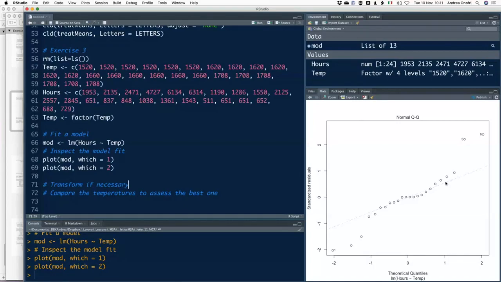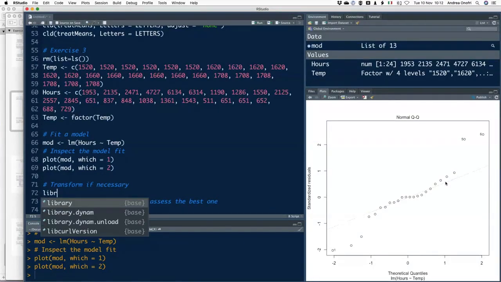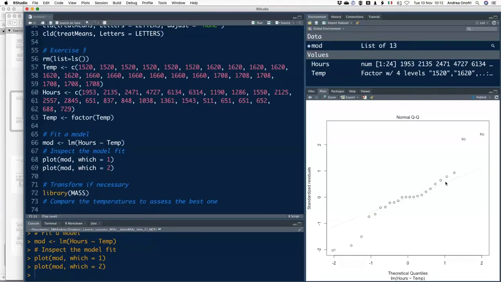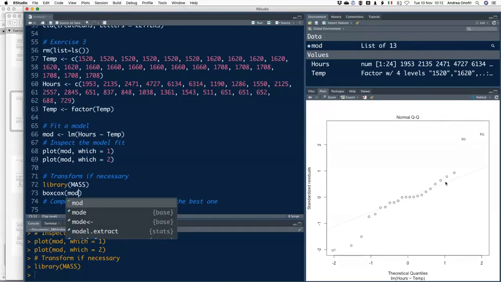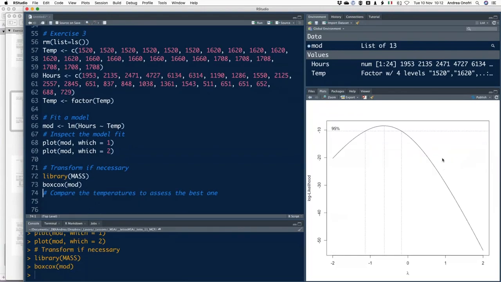And what action do we take? We transform. So we load the library MASS and use the boxcox function to see what transformation is necessary.